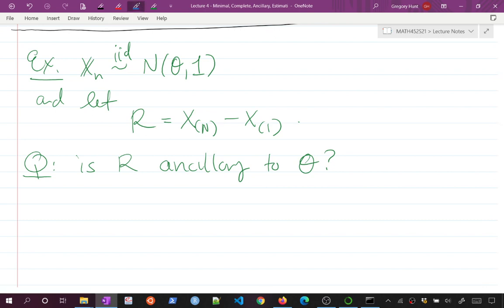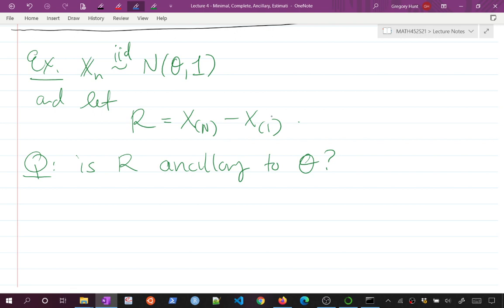But that's not obvious, because certainly the distribution of the maximum depends on what theta is, and certainly the distribution of the minimum depends on where theta is, right? If I take a bunch of normal data and the mean of the distribution was 0, I wouldn't expect a maximum above 4 very often.